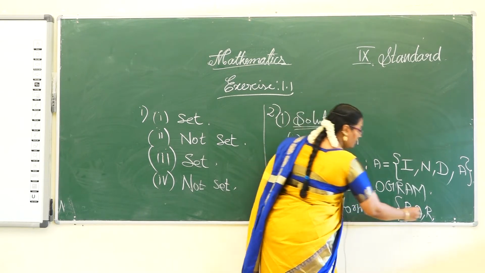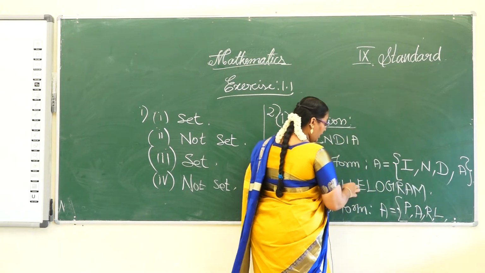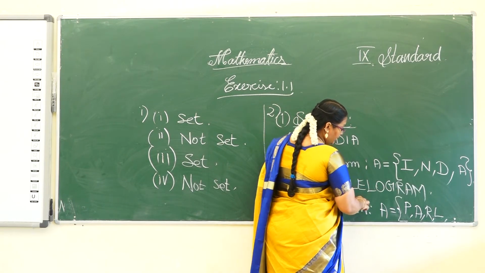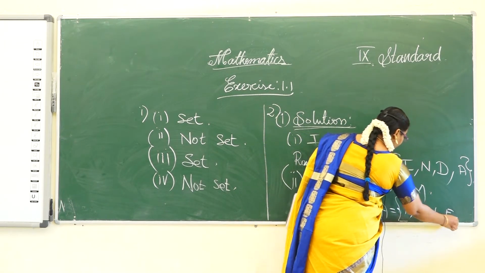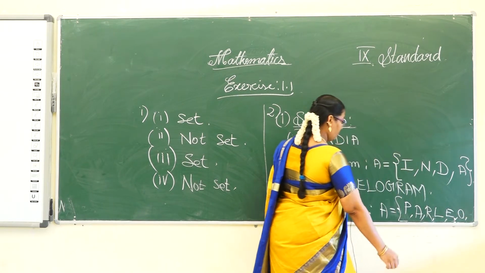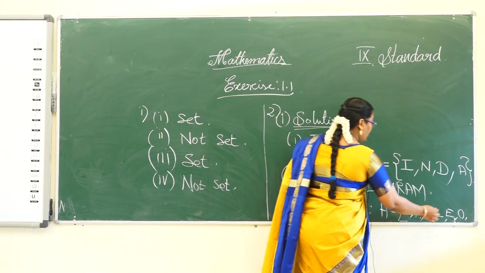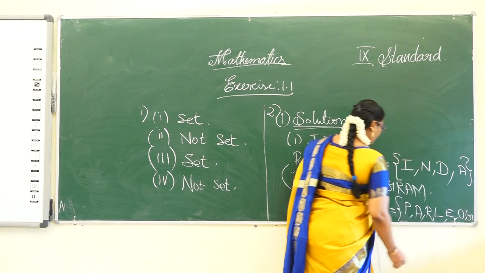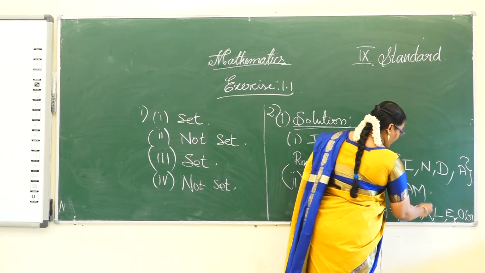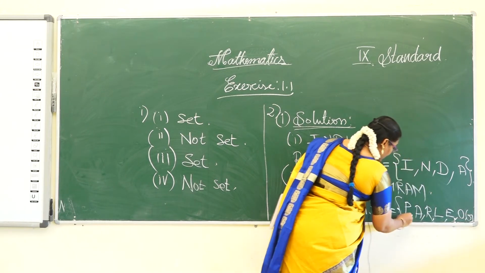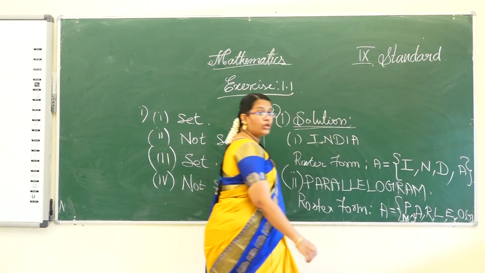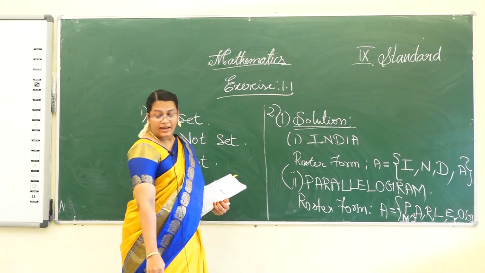And next L. L repeated twice, so need not write again. And next the letter E, and next O, G, R written, A already written, and the final letter is M. Close the set brackets.